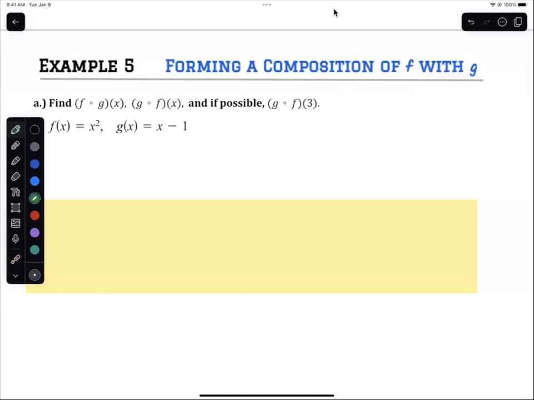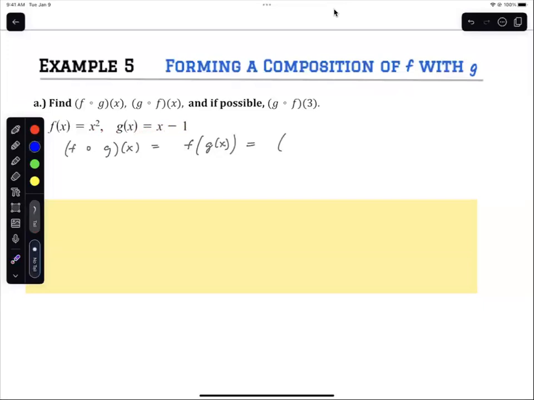So for the first part, f composed with g of x by definition is f of g of x. What that means is we're going to take the f of x function, and wherever you see an x, we're going to replace it with the g of x function. So this is kind of like our input. f of x is x squared. So wherever there's an x, I'm going to put parentheses, and then replace the x with the entire function of g of x.